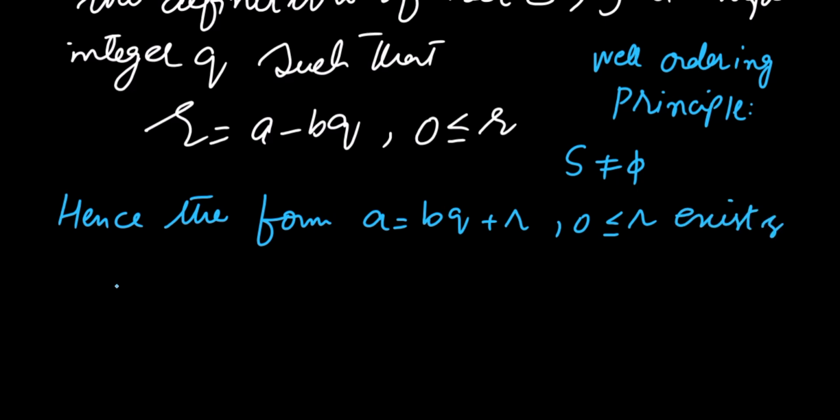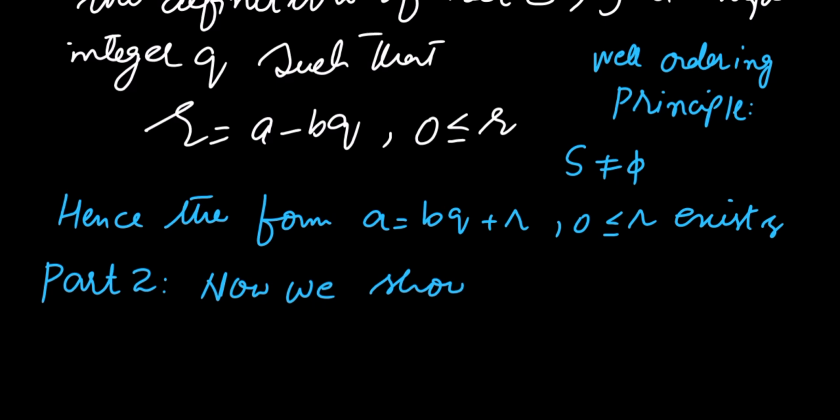Now we move towards part 2. In part 2, now we show that our remainder R is less than B.